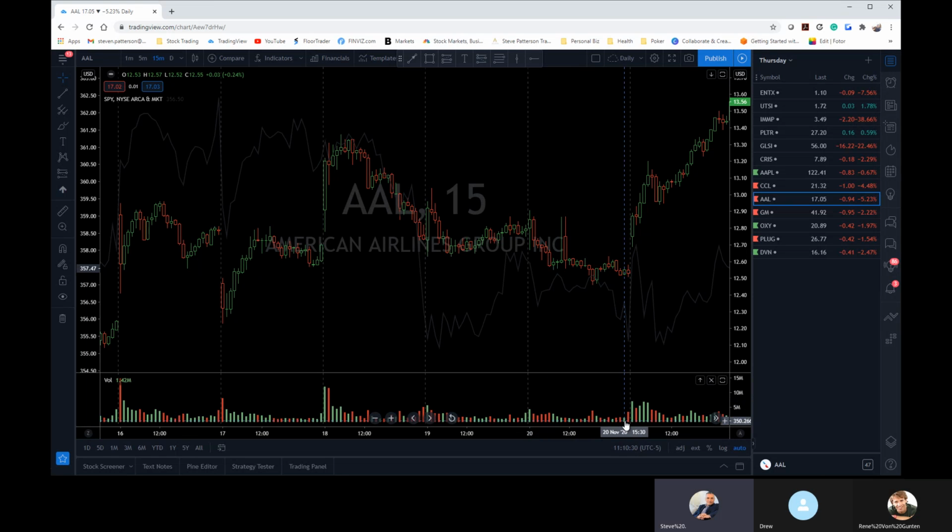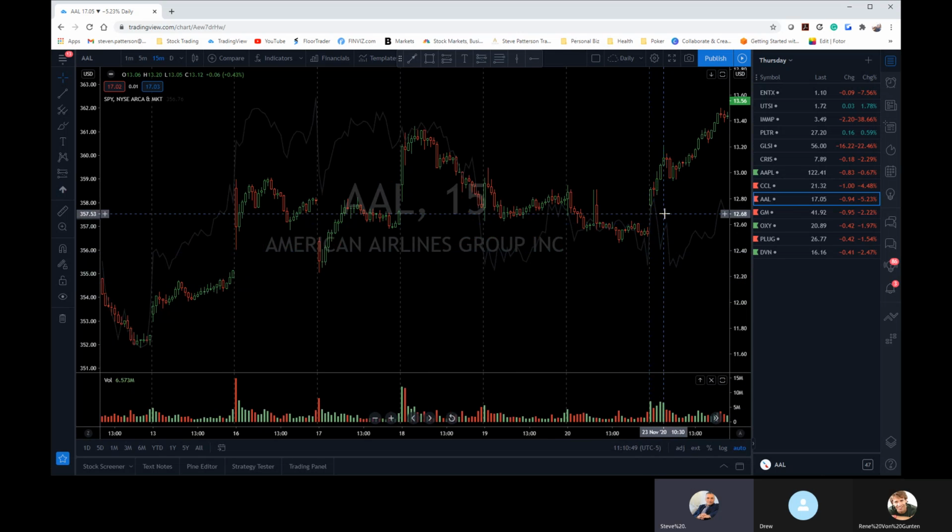In a low liquidity environment where volume is very low, price tends to be very random, doesn't it? But when volume picks up, you get directional movement.